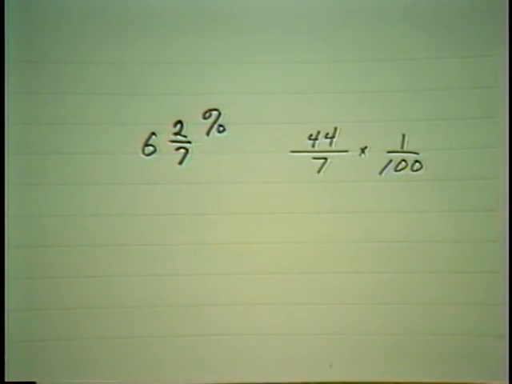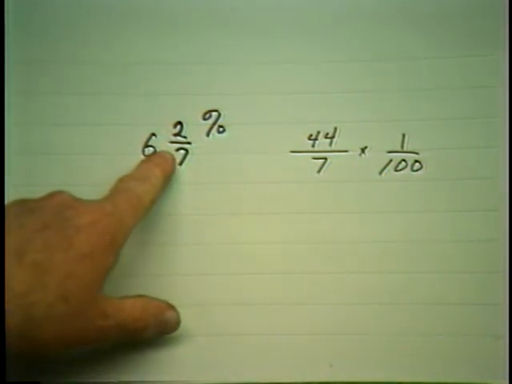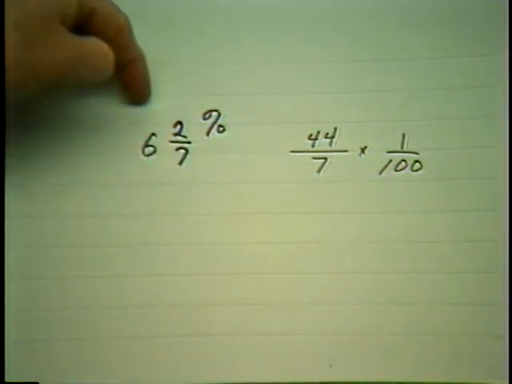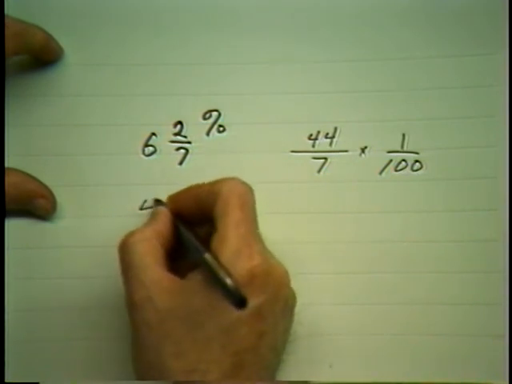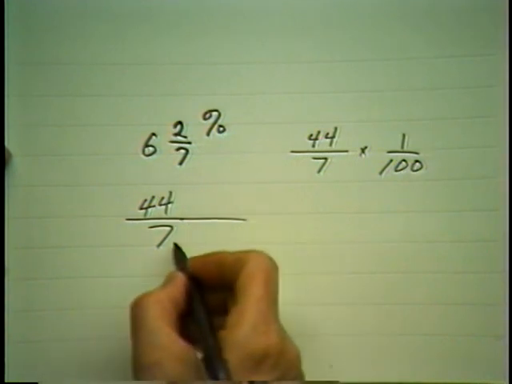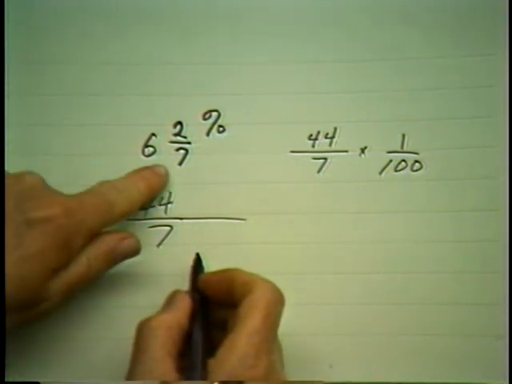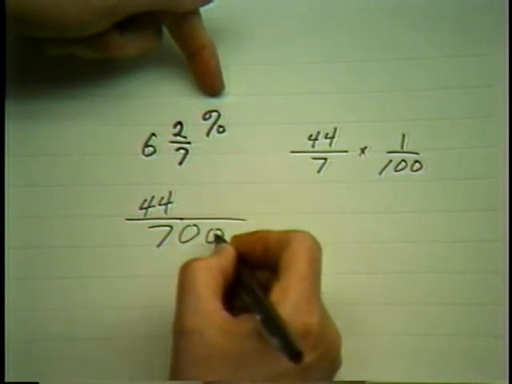Now let's do the same thing by our shortcut before we finish this, and you'll see why the shortcut works. The shortcut says pretend like the decimal isn't there. Well, it isn't there in the first place. Okay, now change this to a fraction, and you would get 44 sevenths again. Then you would add a 0 for each decimal place, there isn't any, and 2 zeros for the percent.